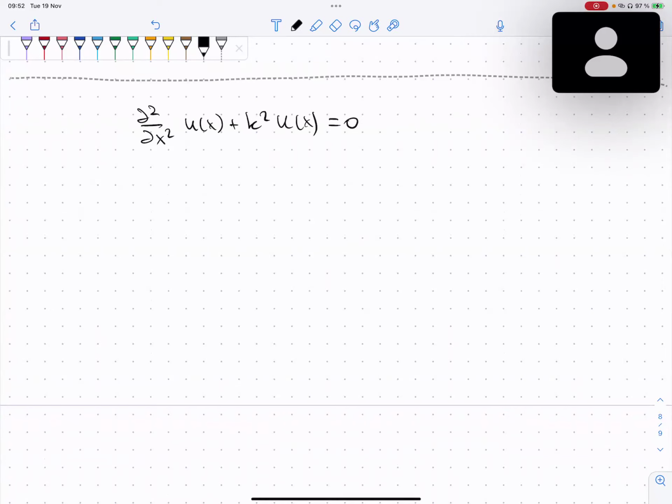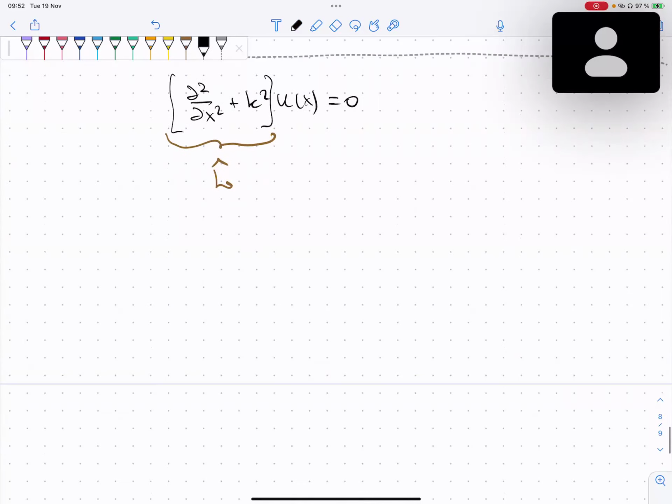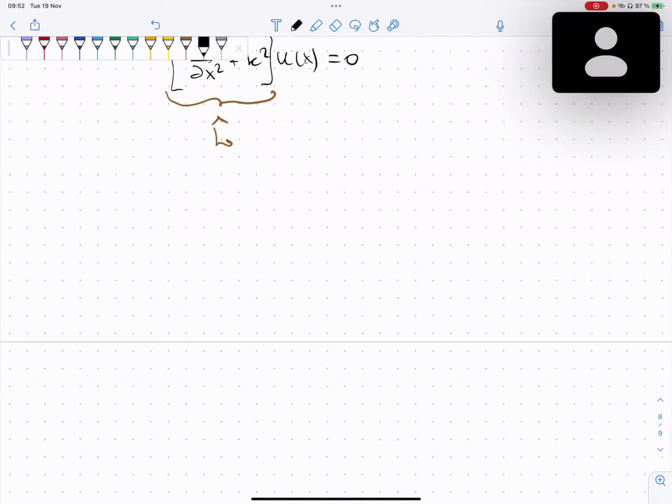But right now we can write the Helmholtz equation in the following way. This is some differential operator, let me call it L. But in a general case, this theory is applicable to any differential equations. So for example, let me consider some differential equation which you write in the following form, where this is some differential operator.